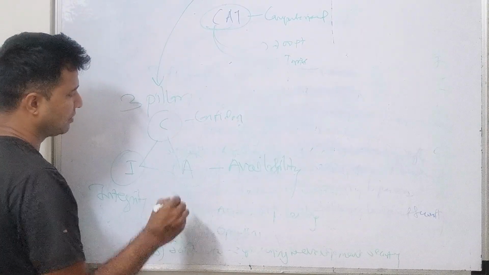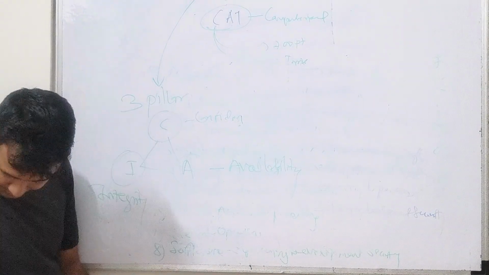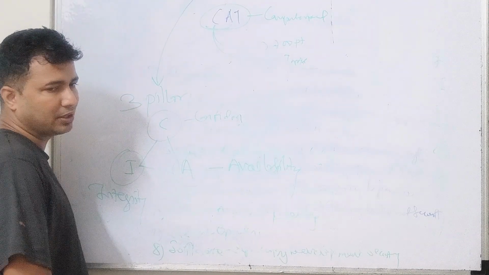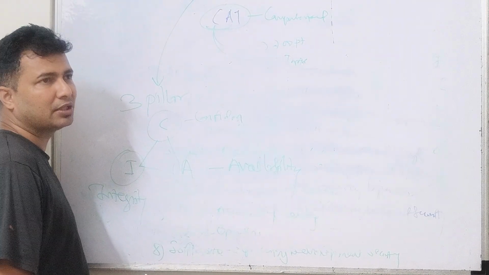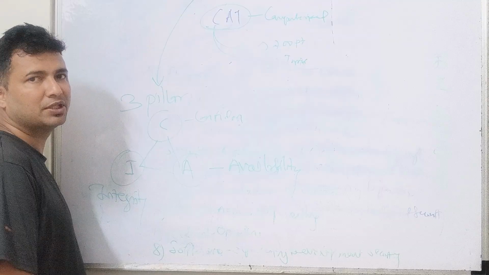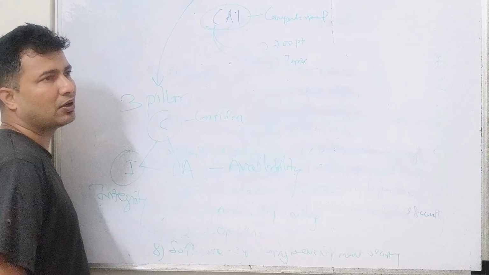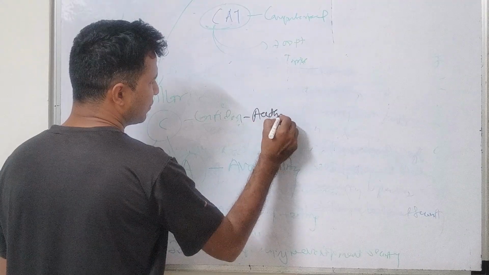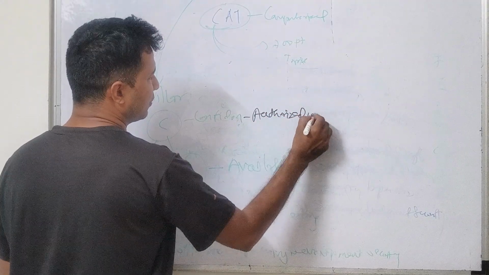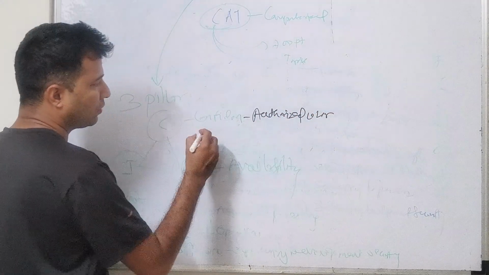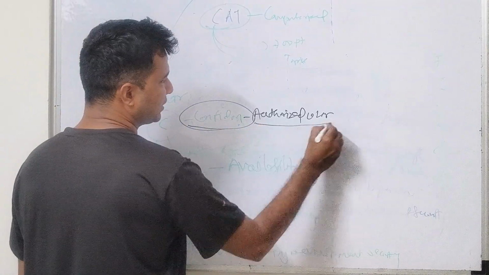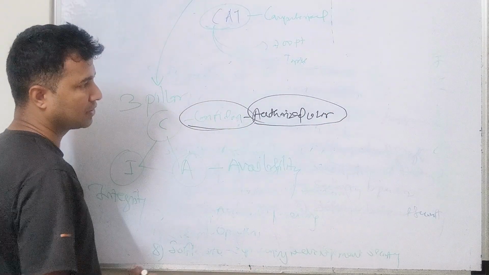The CIA triad is considered the base for security. So what is confidentiality? Confidentiality refers to information being handled or accessed only by authorized users.